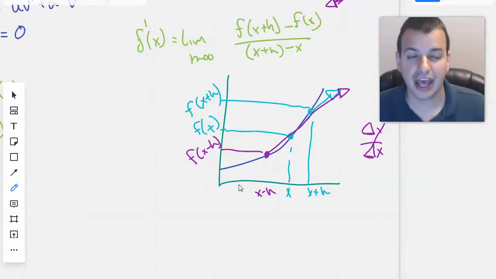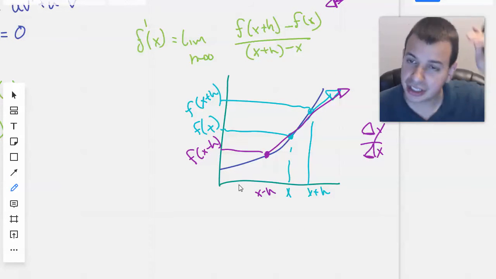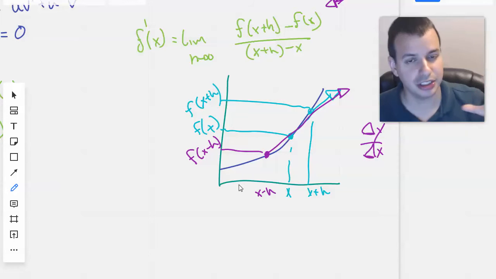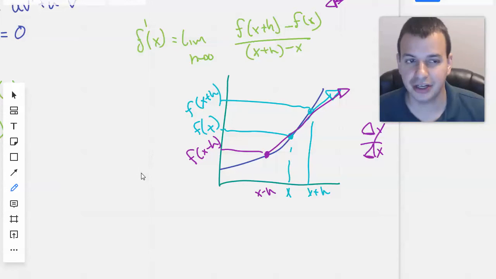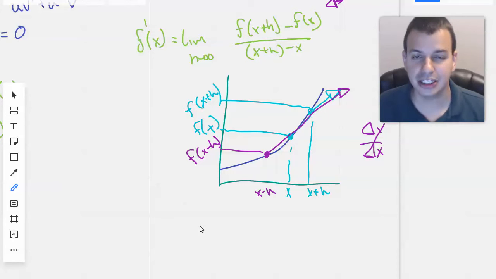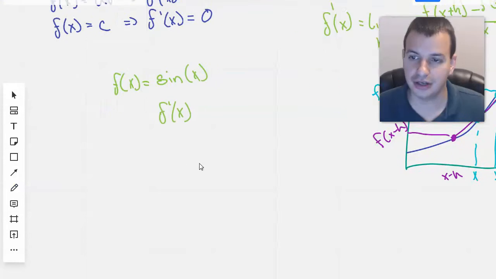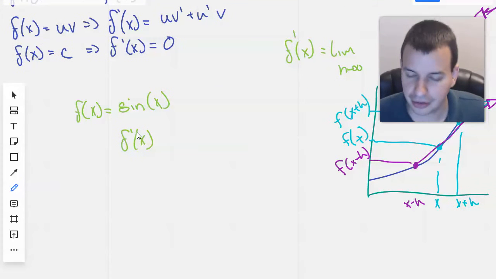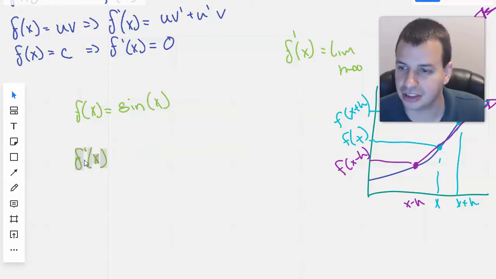So for f of x equals sine of x, I think one of the easier ways to see this derivation or where it comes from is to use f of x plus h minus f of x minus h. So I'm going to rewrite our derivative here. I'm going to move this over slightly.